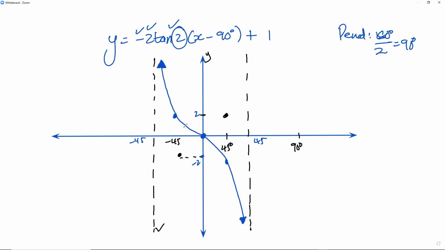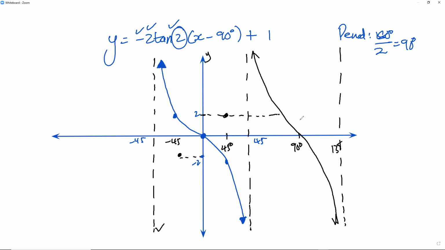Now remember, we're plusing 45 from the central point and minusing 45. So that means I'm going to minus 45 and plus 45 as well. So this is actually going to go here to 135, and the graph is going to be sketched like that.